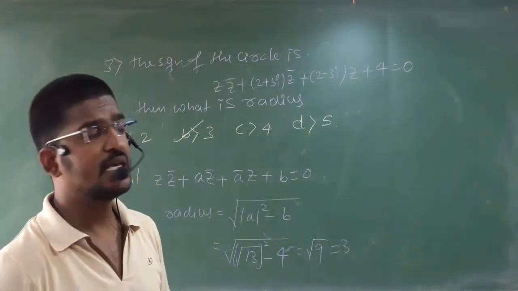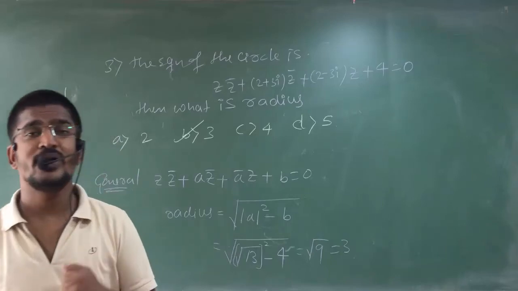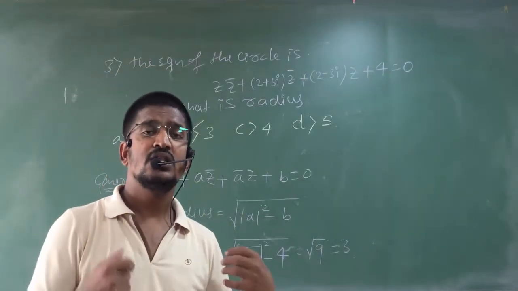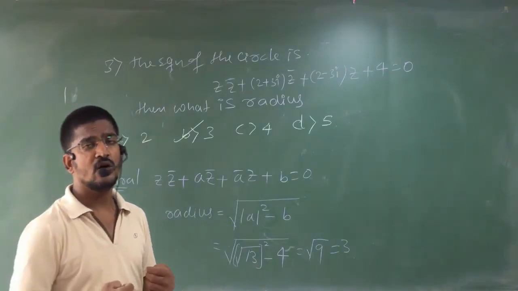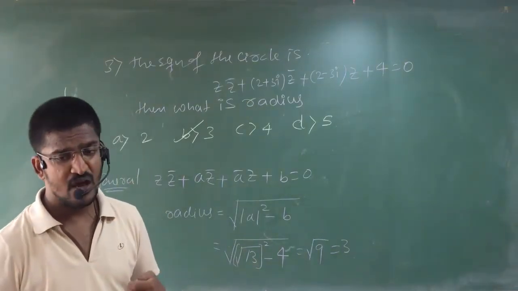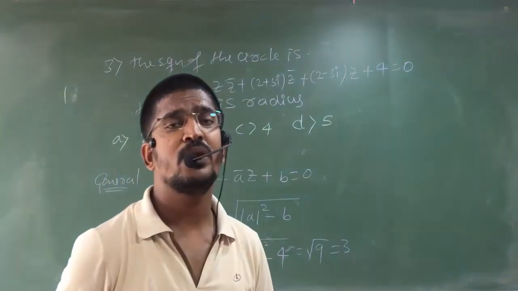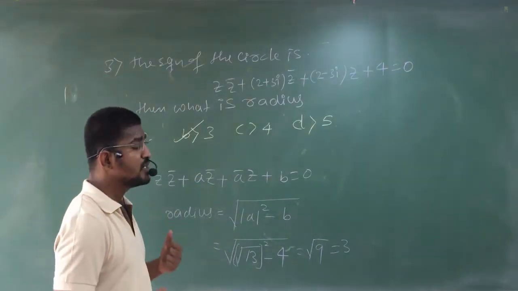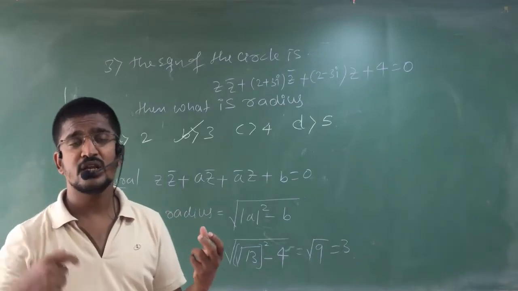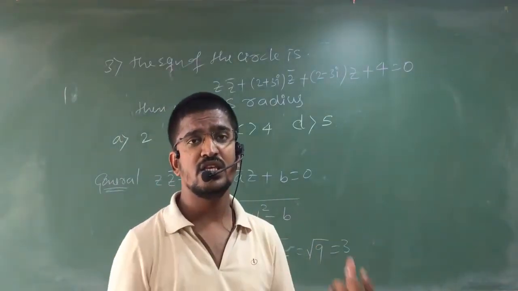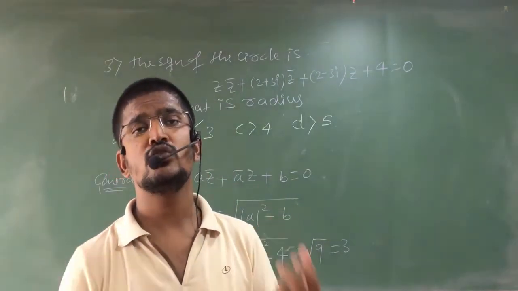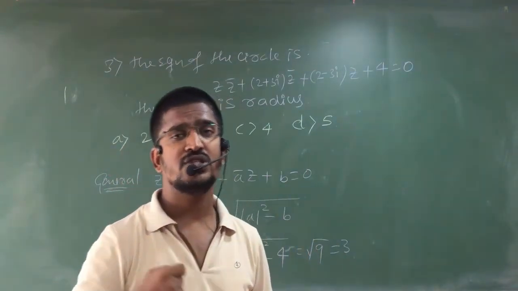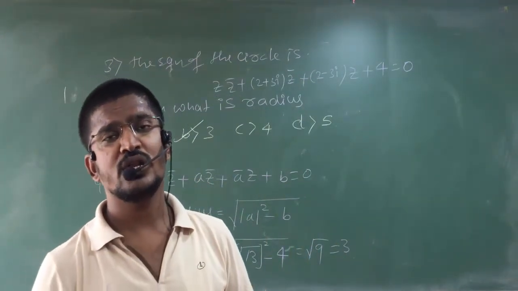Clear, students? See, on the basis of the geometry of complex numbers, this is how they are going to ask the question, because this is also one of the important topics. Definitely they may ask questions from the geometry of complex numbers. So make sure that in complex numbers and quadratic equations, combining these two, there will be 2 questions from both concepts. That means complex number 1 question, quadratic equation 1 question.